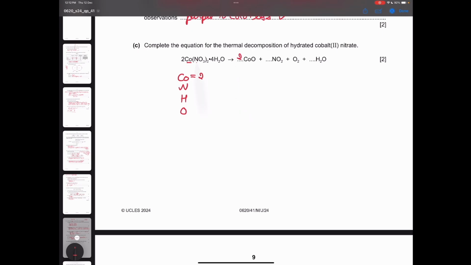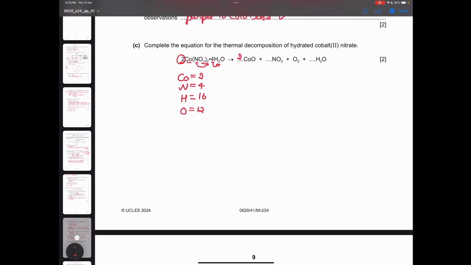Nitrogen is in bracket of twice, and the whole compound is also multiplied by 2, so it should be 4 times. Oxygen is 3 here, and times 2 here, which is 6, and then times 2 again, which is 12. Hydrogen is times 2 here plus times 4 here, so this is 8. Then times 2 again, which is 16.